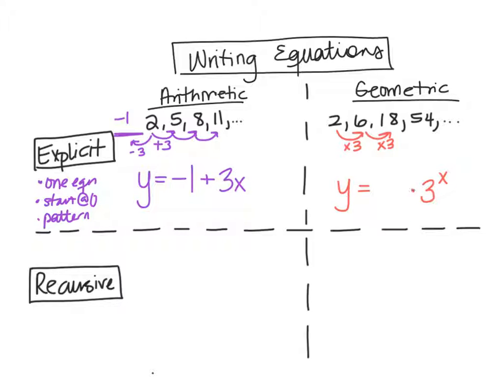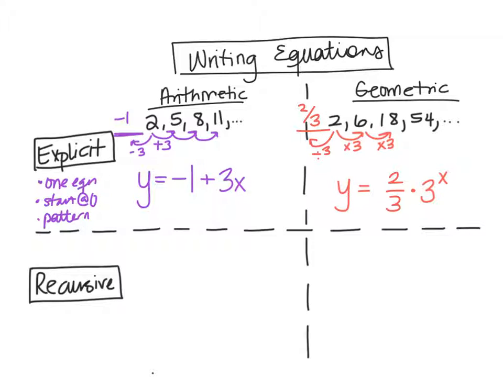Then we have to multiply that by the starting point, and the starting point is still the same. We have to go backwards, so divide by 3, and we are simply going to write that as a fraction, 2/3, because it doesn't divide evenly. So that's 2/3 times 3 to the x. I'm going to show you another way to do that tomorrow. Not another way to perform that, but just a slight change in how we write the final answer.